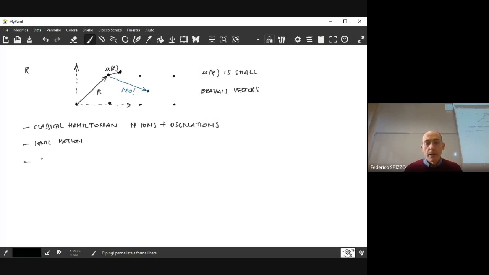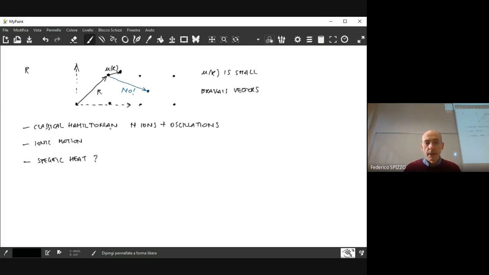In particular, the main point that we are still unable to discuss properly is the specific heat. So the idea will be to evaluate the specific heat of the solid, also including the contribution due to the motion of the ions, and after this evaluation to compare that with the experimental value. And then at that point, we will see whether this approach can or cannot be the proper one to describe the motion of the solid.